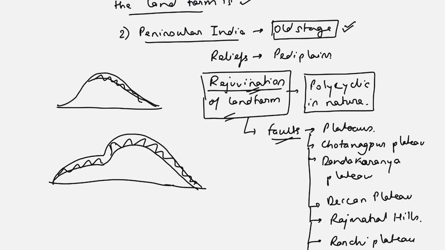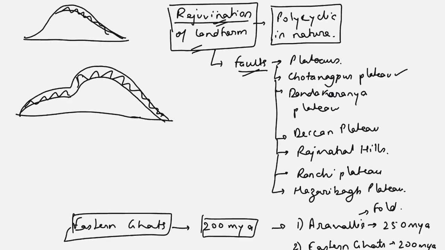For example, Chota Nagpur Plateau, Dandakaranya Plateau, Deccan Plateau, Rajmahal Hills, which is formed because of volcanic activity. Then Ranchi Plateau, volcanic activity plus rejuvenation, upliftment of land. Hazaribagh Plateau, just near the Ranchi Plateau, has also formed because of the rejuvenation of land.